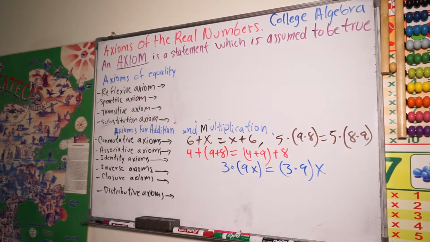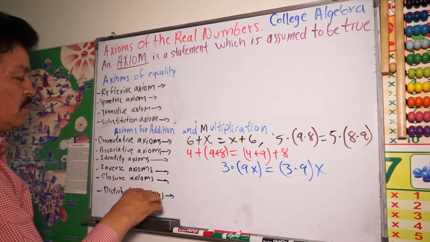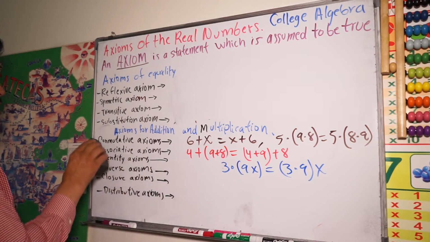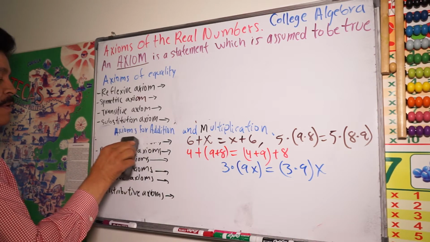This is another example of associative axioms.